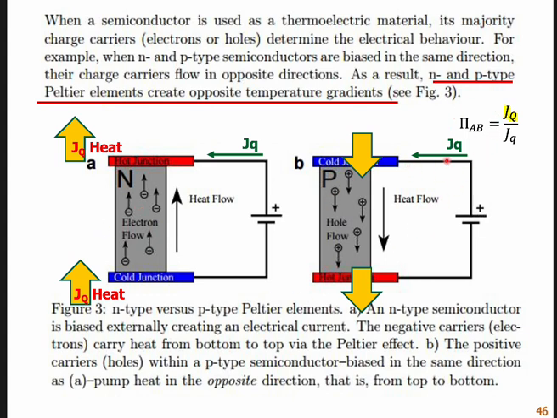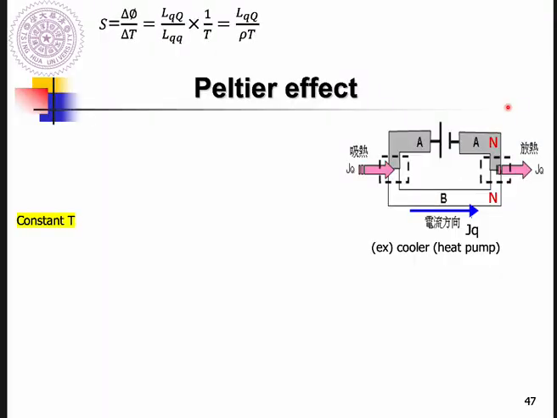But if you just have one material, you can imagine the heat flow is quite small. It's difficult for any applications. So when you really want to use these electrical materials for the Peltier effect, you connect them to a battery or power supply.